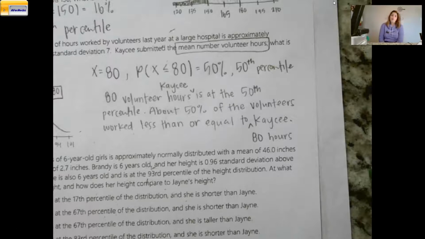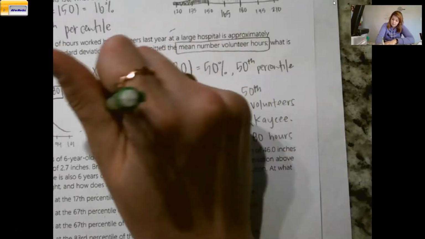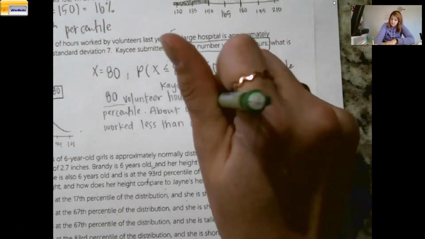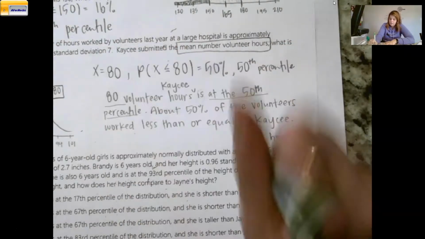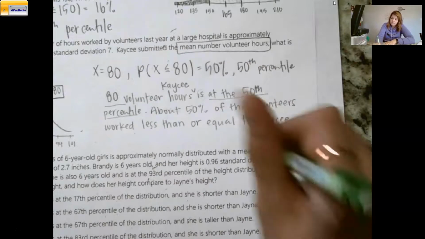There's no 100% right way as long as you're using the correct format. So you're saying the observation is at the percentile, and then you're including the percent.